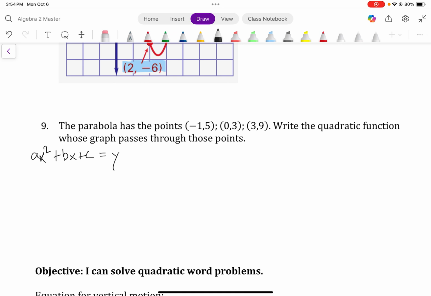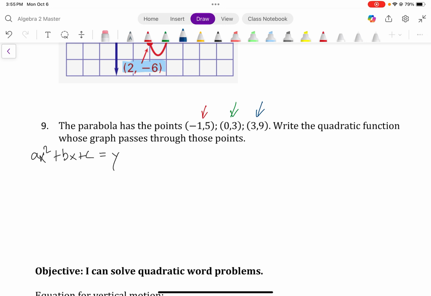Before we can get to the matrix, we have to write a system of equations. There's going to be 3 equations, 1 for each ordered pair. The weird part about this is you've been using x and y as your variables pretty much since you learned what a variable was. But in this problem, x and y are our constant values, and a, b, and c are our variable values.